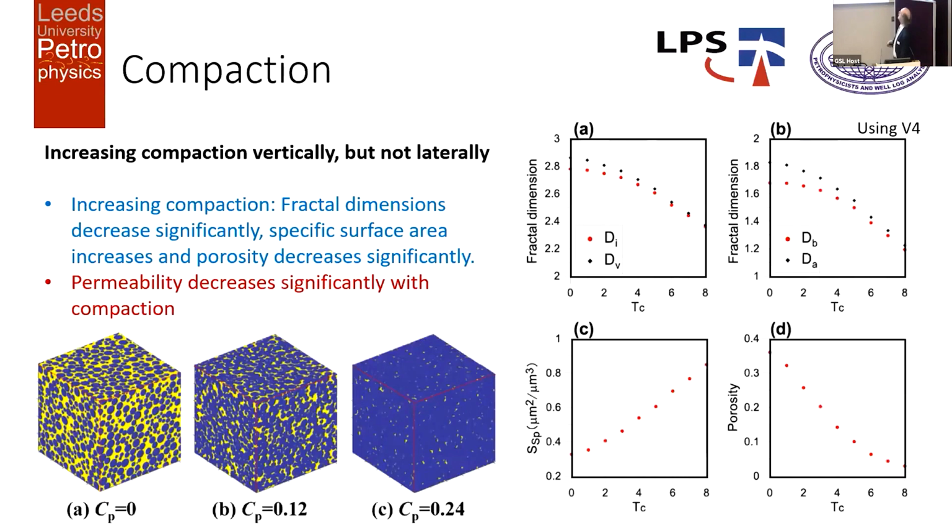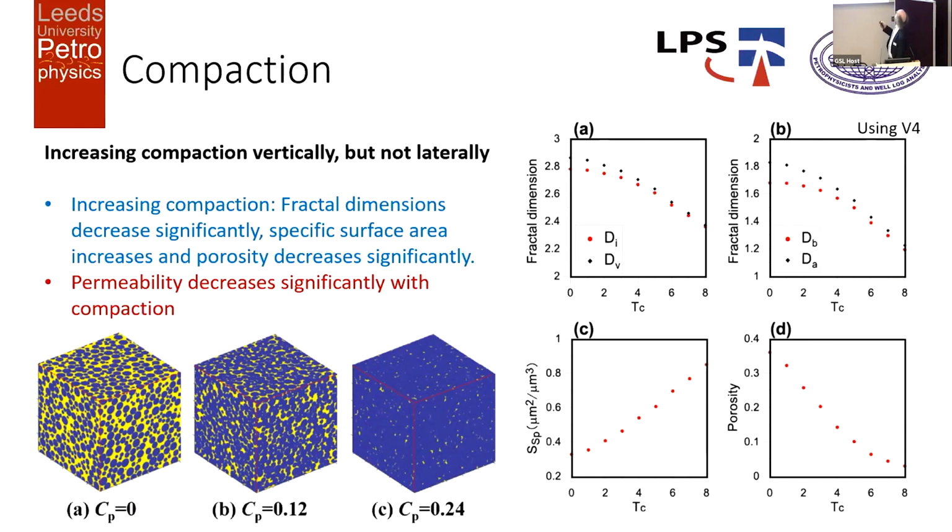So if we do it with compaction, and these are again 3 particular examples of what we call a compaction coefficient, basically, it's just a linear fractional compaction in each of these cases. So CP equals 0 means no compaction, and this is a 12% compaction, and this is a 24% compaction in the direction in which we're making the measurements.